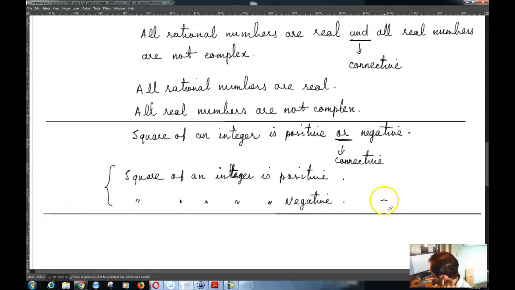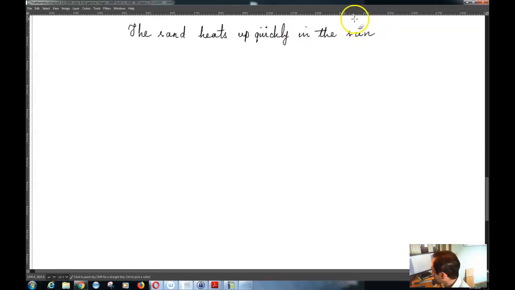The sand heats up quickly in the sun, and does not cool down fast at night.